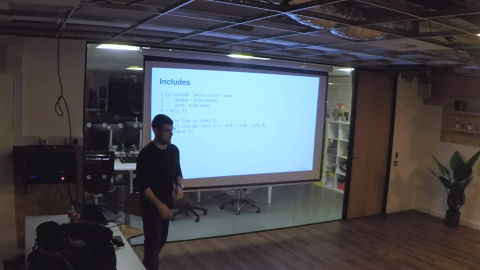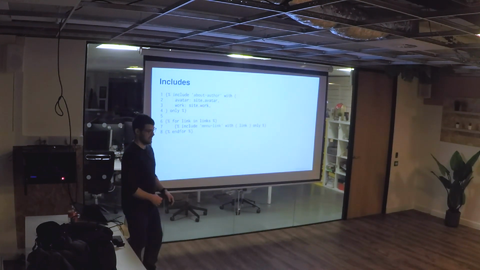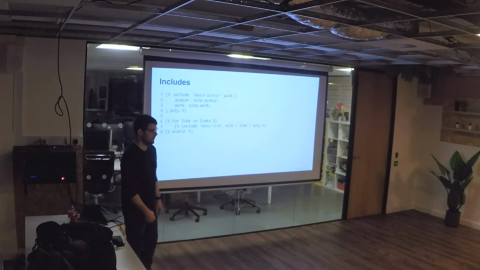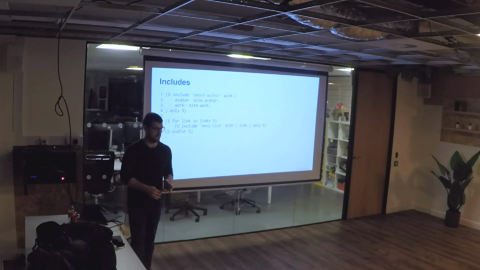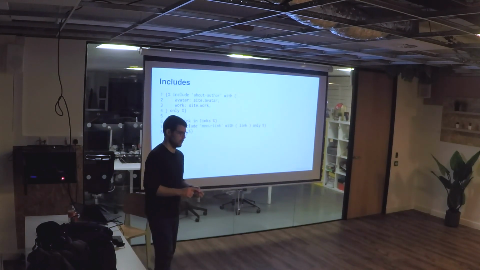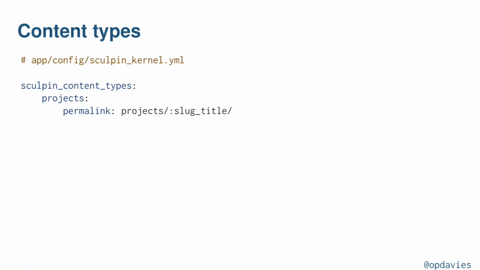We want to be very specific about the things that we're passing in here. And again, we can use another for loop to say for each link we've got, we can just include another menu link, for example. So we can use some of this componentized thing that we see a lot in JavaScript or Blade. We can use that in Twig as well, and specifically we can use it inside Sculpin.